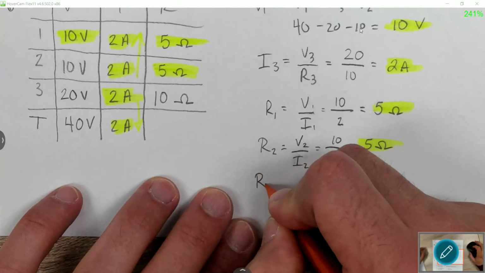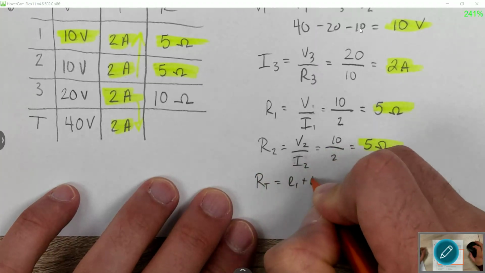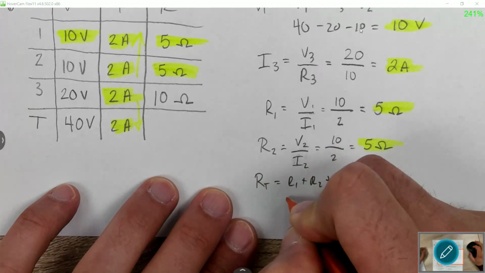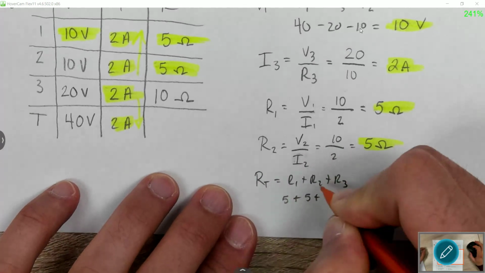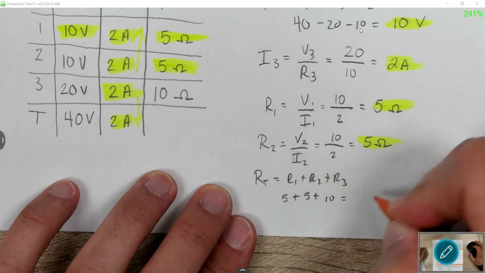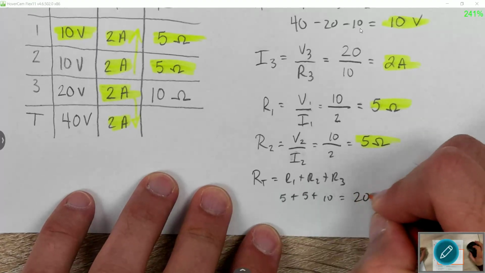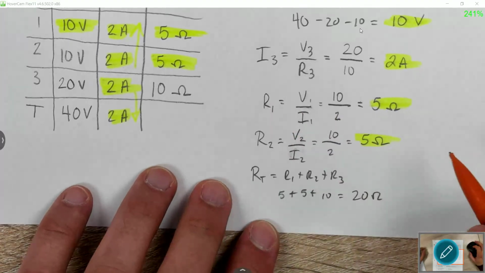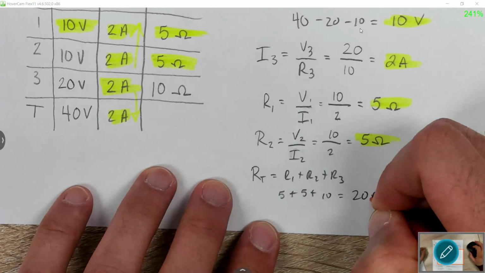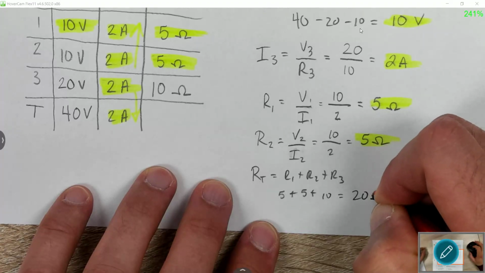All right, first let's show the adding. Okay, 5 plus 5 plus 10 is going to give us 20 ohms. Whoops, 20 ohms.